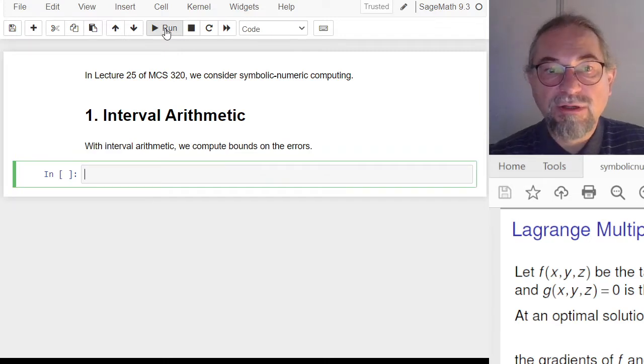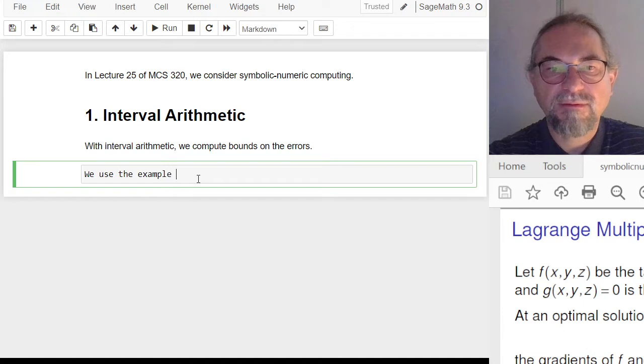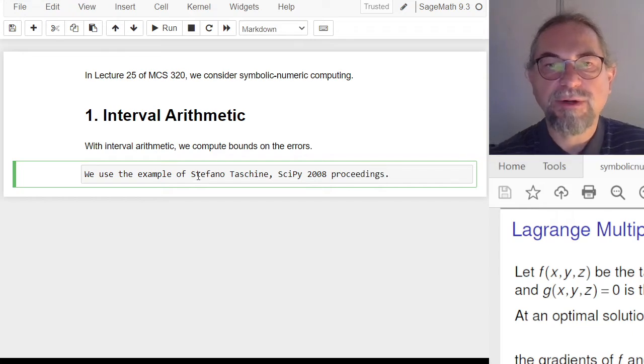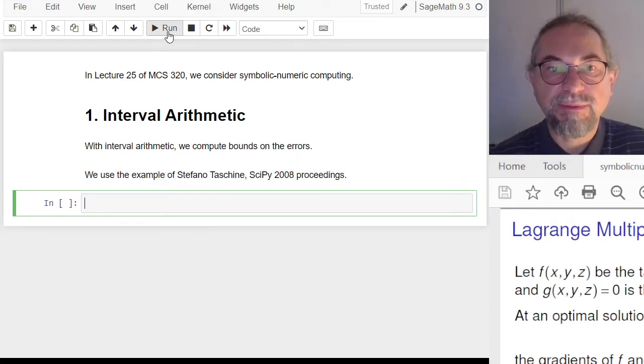I will use the example of Stefano Taccini from the SciPy 2008 proceedings. The SciPy conference, by the way, takes place in Austin and has taken place or is taking place this month.